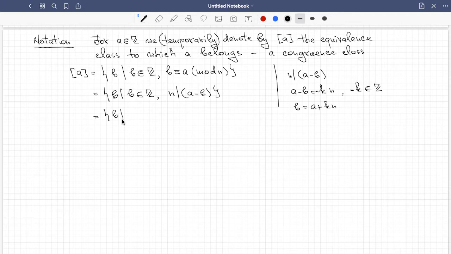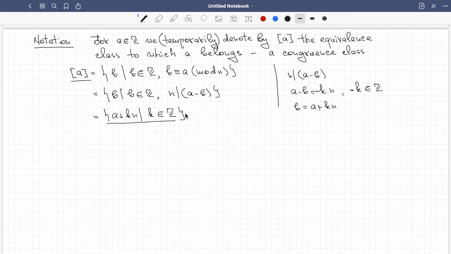So these are all integers a plus kn, for all k in Z. This is a very explicit description of the equivalence class which contains a. Thus, we have a description of an equivalence class.